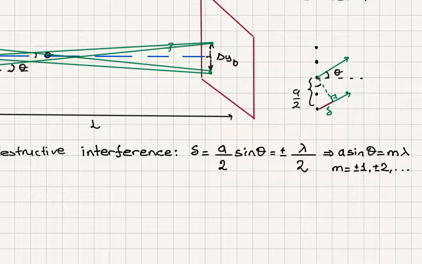For example, a over 4 sine theta is equal to plus or minus lambda over 2. That would give us another condition, m equals 2, etc. So we can recall this condition for destructive interference for the diffraction experiment to be a sine theta equals m lambda.